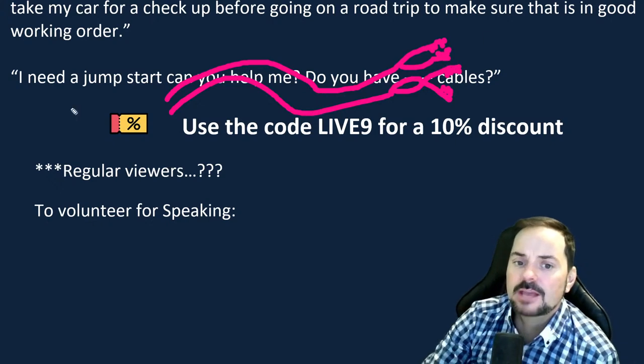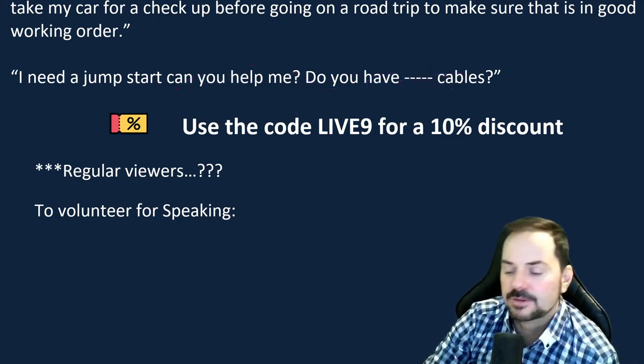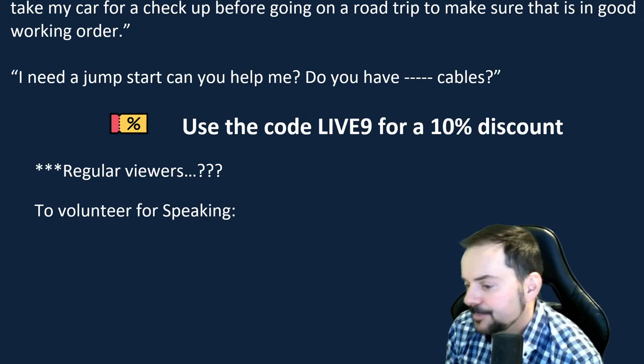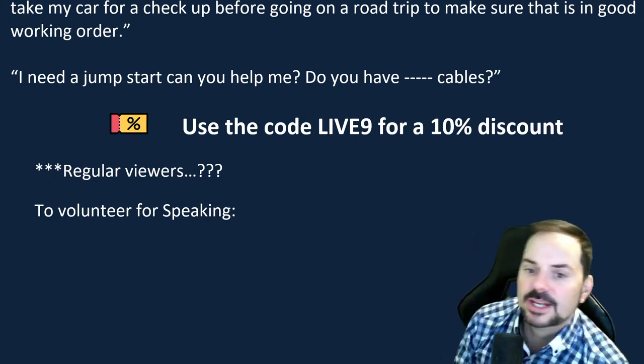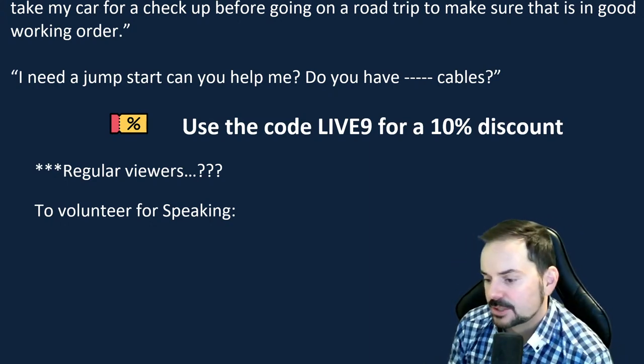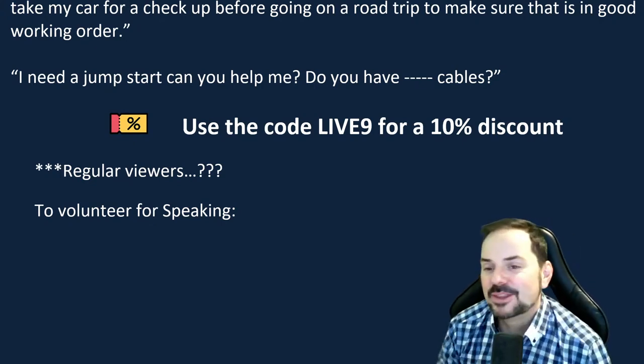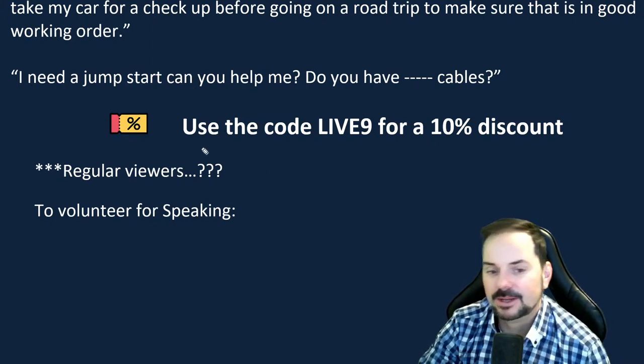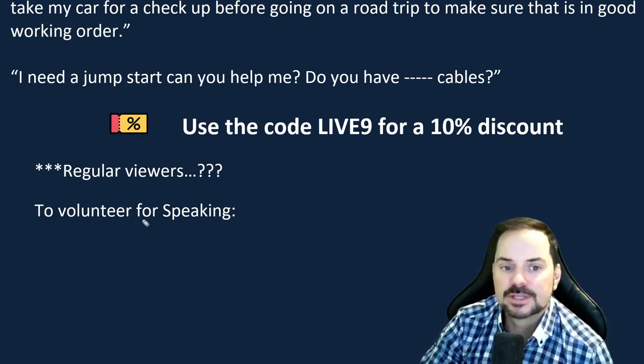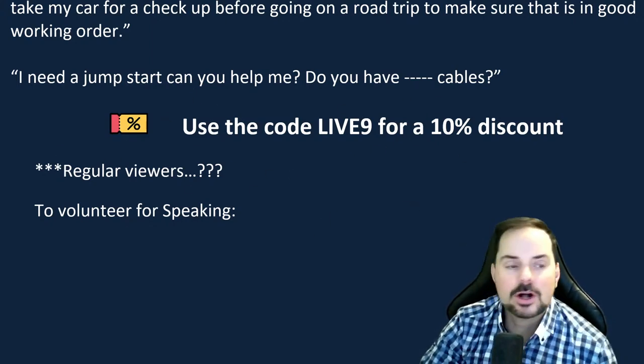Anybody know what those cables are called? You should have them in your car if you're going on long road trips, especially. Amrit, they're not called connectors. They're called something cables. Chen says explosion. What are those cables called that you use to jump start the car?